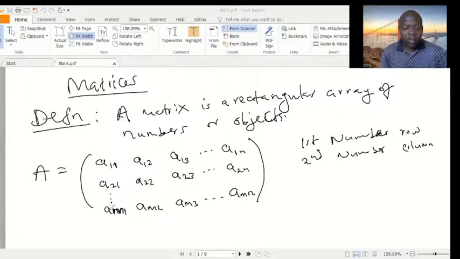This one is in row M, column 1, row M, column 2, row M, column 3, and so on. So this is how we represent a matrix. An element is identified by the row in which it is, and then the column in which that element is. For instance, let me give you another matrix here.